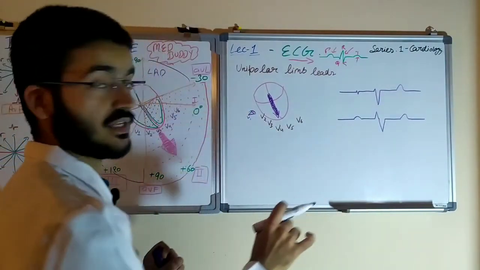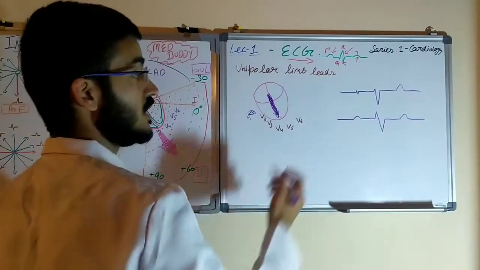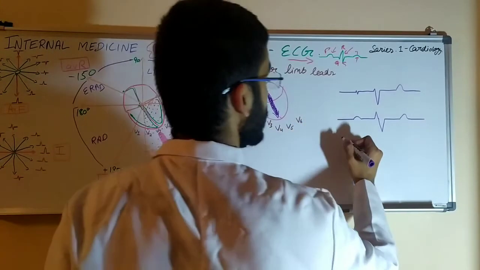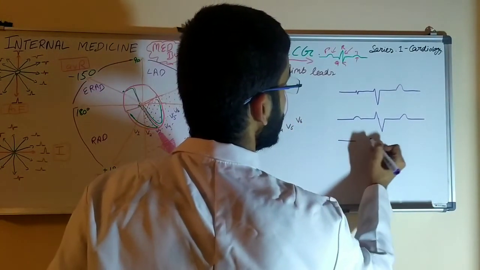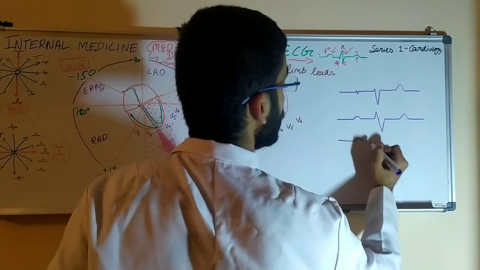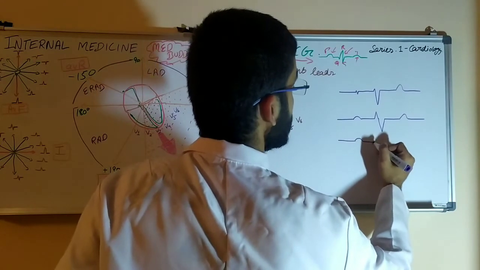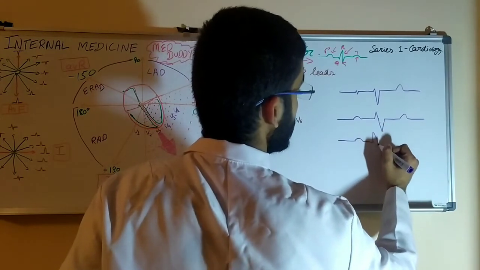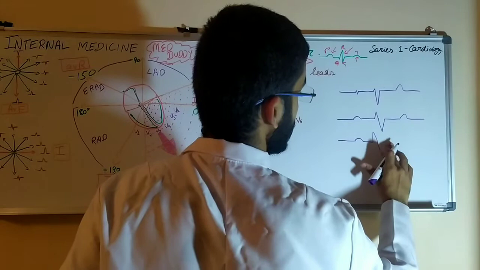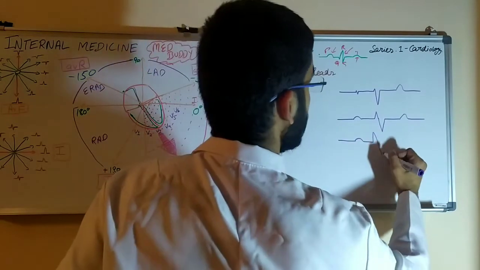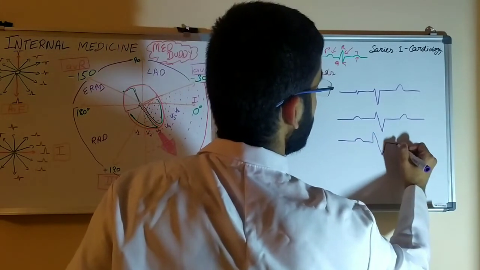This is what is presented by the V2 lead. Now let's see the V3 lead. It is again something like this, a P wave. The size of the positive component is gradually increasing, you can notice it. So this is what is presented by the V3 lead.